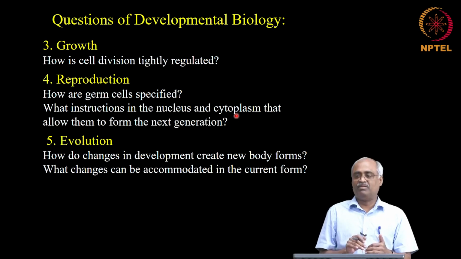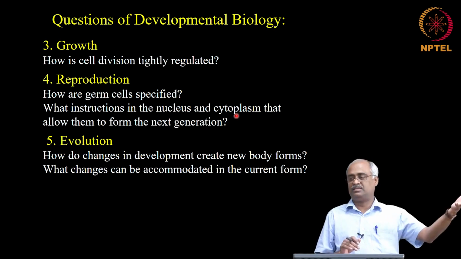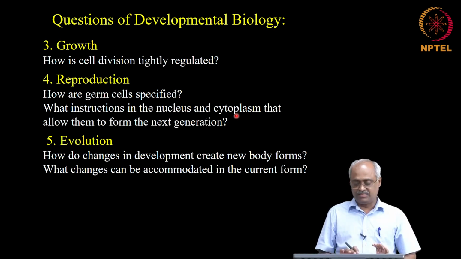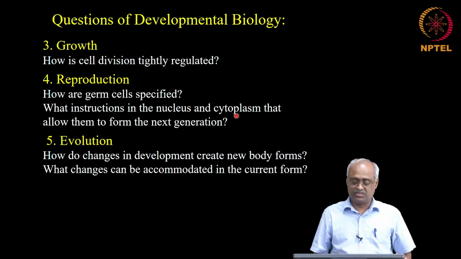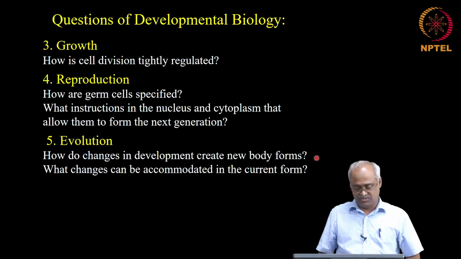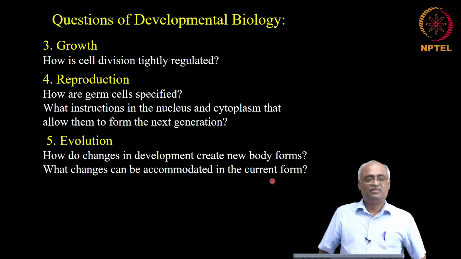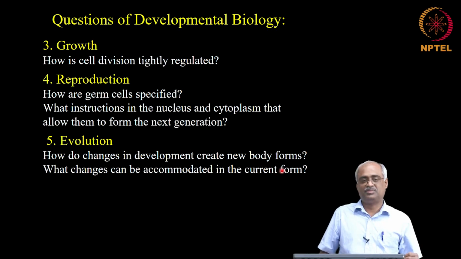Changes in development is what gives rise to adaptation, and that is what gets selected during natural selection. So, in that sense evolution is a central question in developmental biology. How do changes in development create new body forms, and what changes can be accommodated without compromising the survival of the organism? So, that is important.